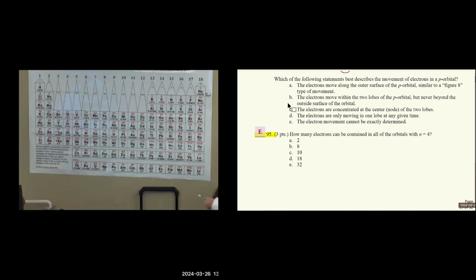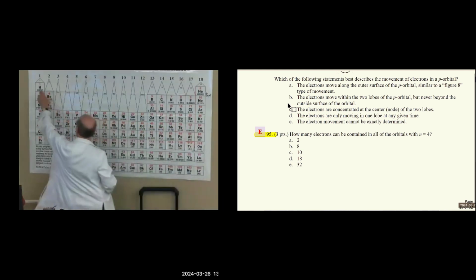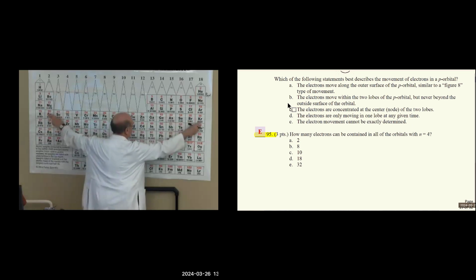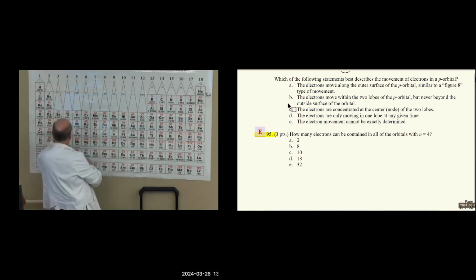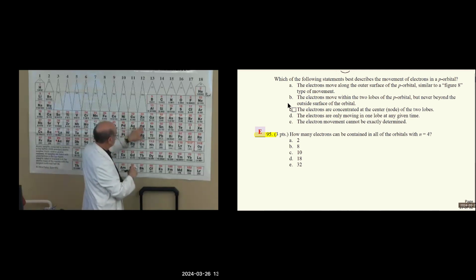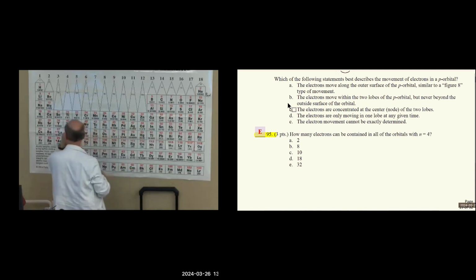So let's go to our periodic table. Where is n equals 4? 1, 2, 3, 4. So we have 1, 2, 3, 4, 5, 6, 7, 8, 9, 10, 11, 12, 13, 14, 15, 16, 17, 18. Paint myself into a corner. Let's see, 4, 4.